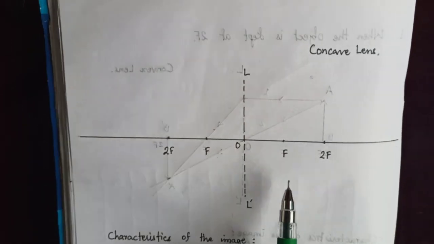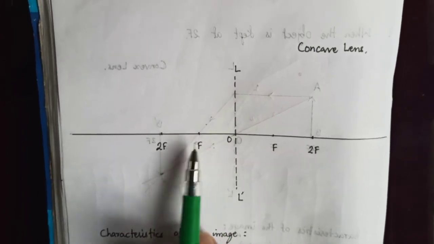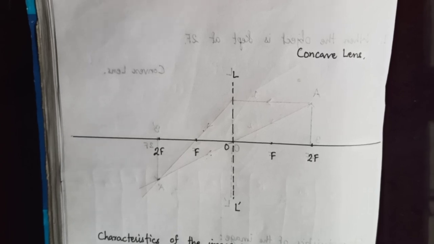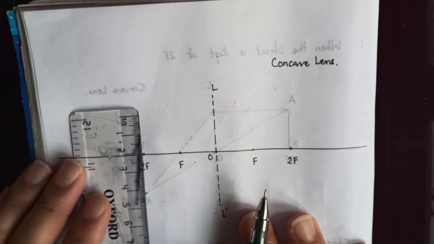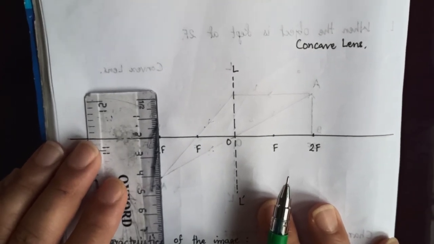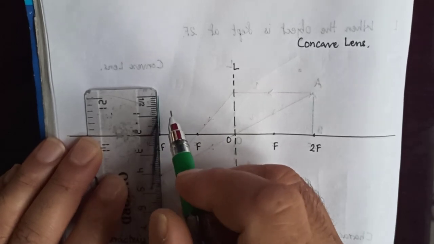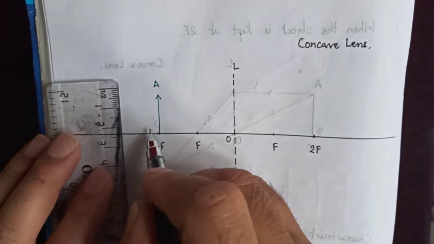And after that you mark the points F and 2F, and these distances, whatever you measure, have to be exactly correct. So we place the object at 2F. The height of the object I am taking as 2 centimeter, exactly 2 centimeter. This is the object. Object is AB.